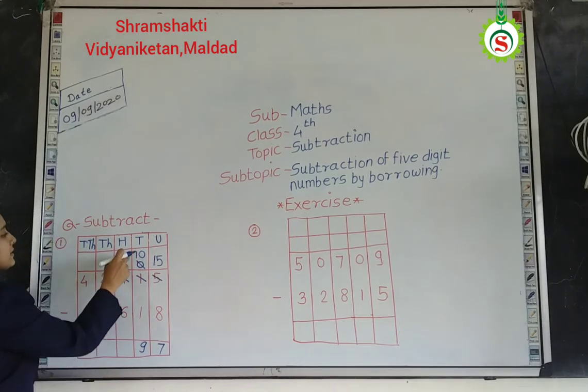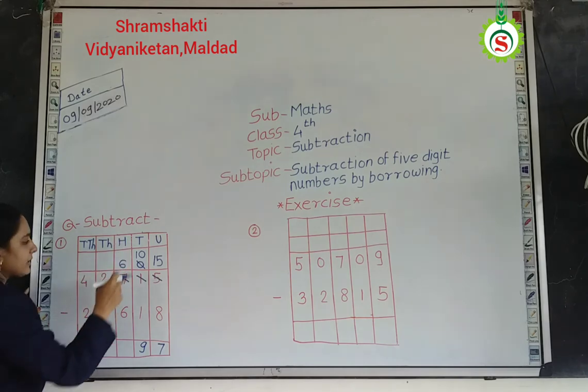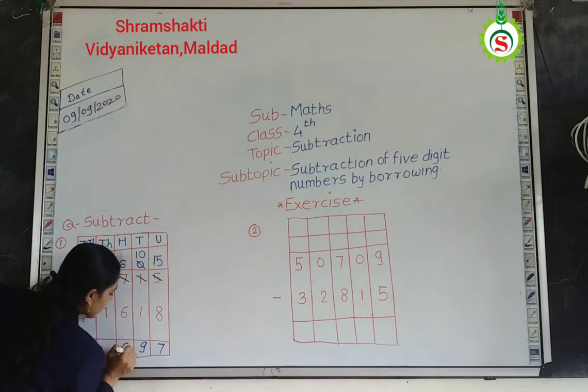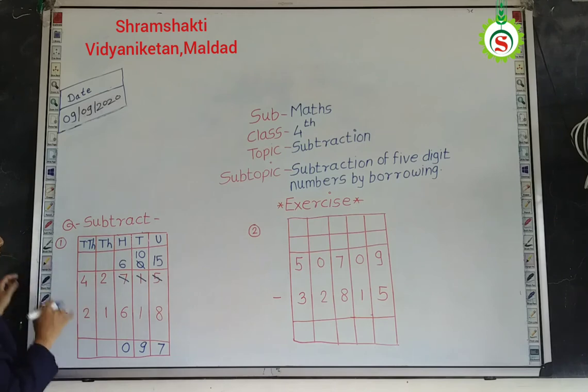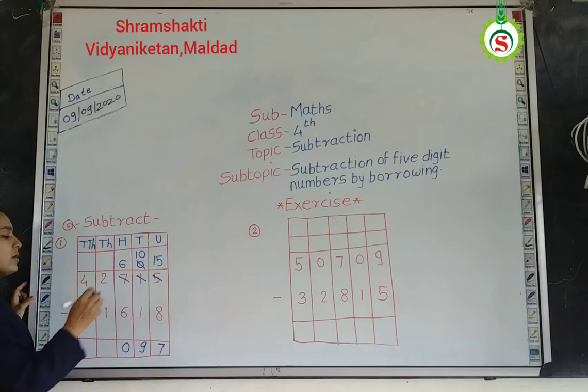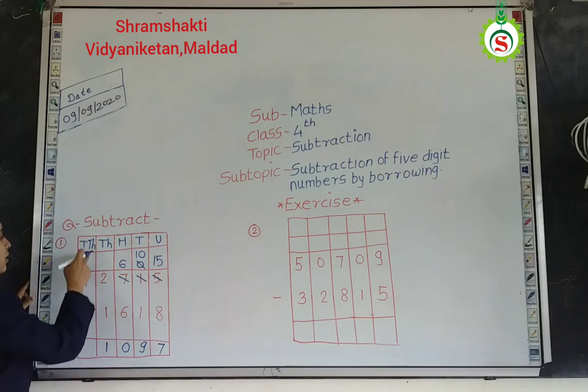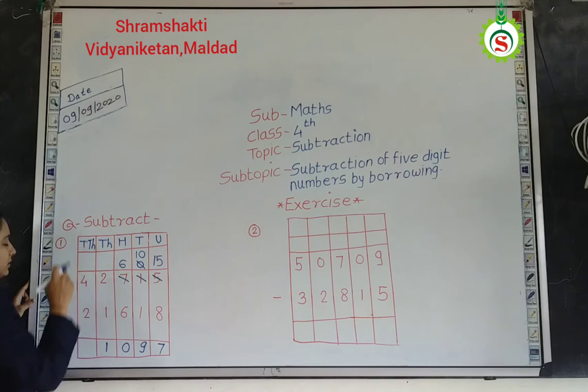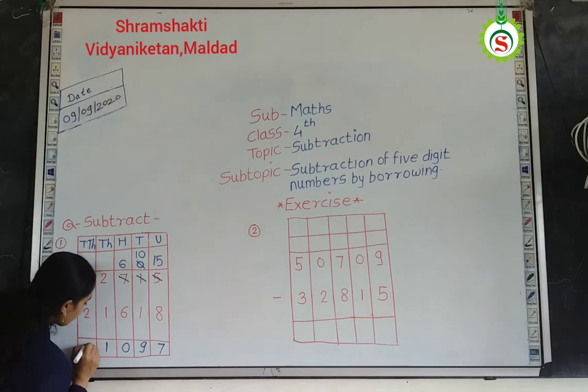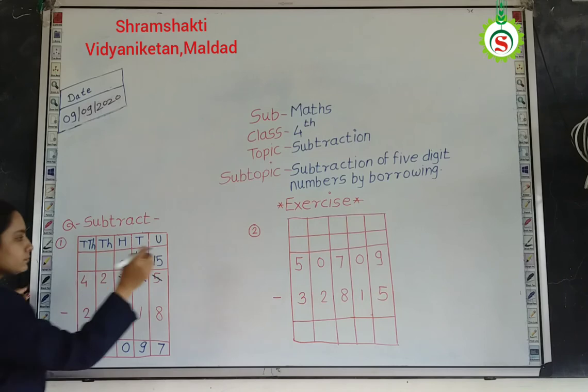Next, students, 600 minus 600 is equal to 0. See the neighboring place. 2000 minus 1000. How much? 1000. Write down 1. And the remaining 4 ten-thousands minus 2 ten-thousands is equal to 2 ten-thousands.